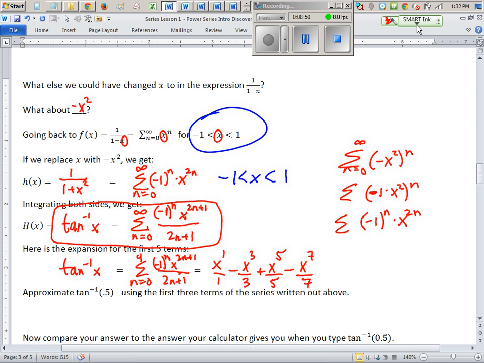Now, obviously, this is not the same thing as arctan, but it's close. It's pretty close. If you want more accuracy, add a few more terms. Okay, let's get out our calculator now, and we'll find arctan at 0.5.